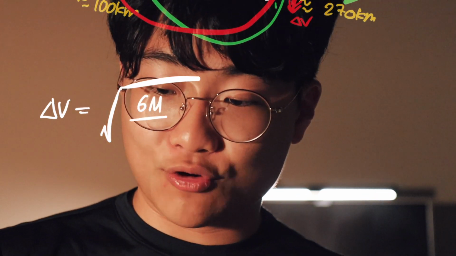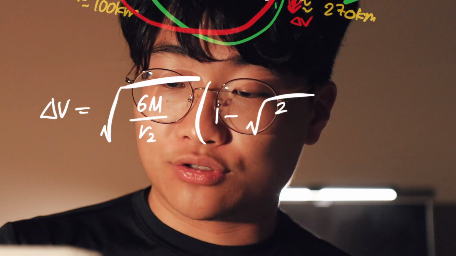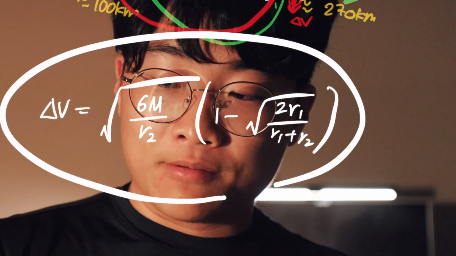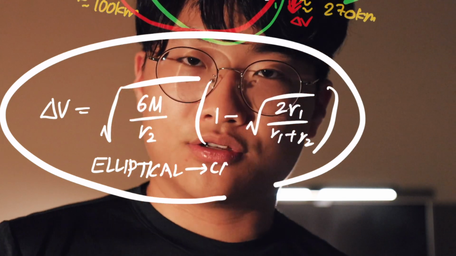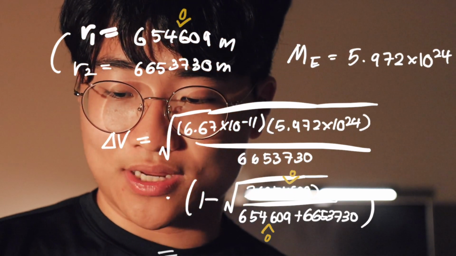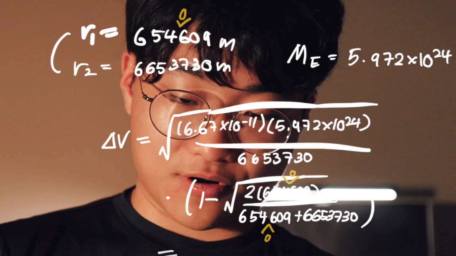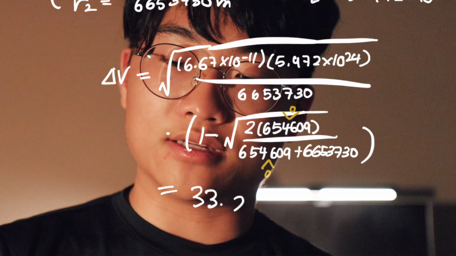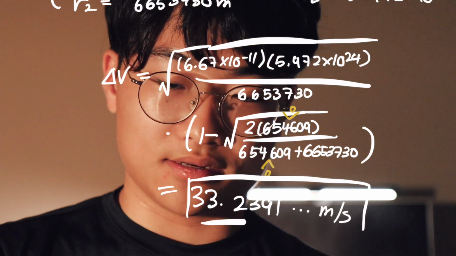So we're reversing the order, and we get a new equation like this: delta V equals the square root of GM over r2 bracket 1 minus the square root of 2r1 over r1 plus r2. Now that we have a new equation, we can plug in the numbers that we got from our measurements, and we get a new delta V of 33.2391 meters per second.